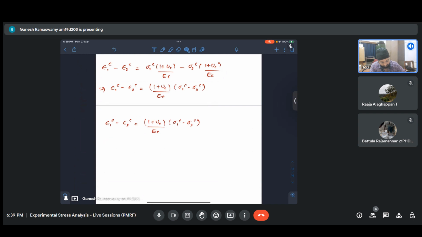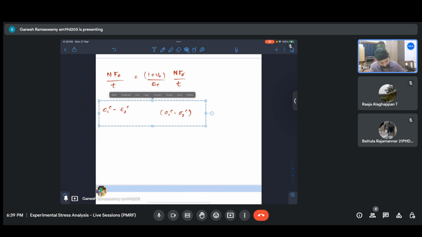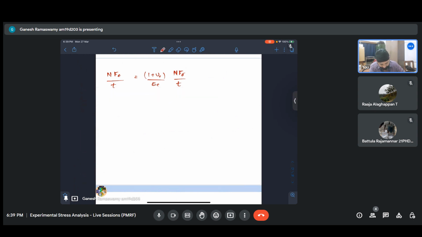Now we know that the left side can be replaced by N F epsilon by T, and the sigma difference can be replaced by N F sigma by T. So what we essentially see is F epsilon is 1 plus mu C by EC into F sigma.